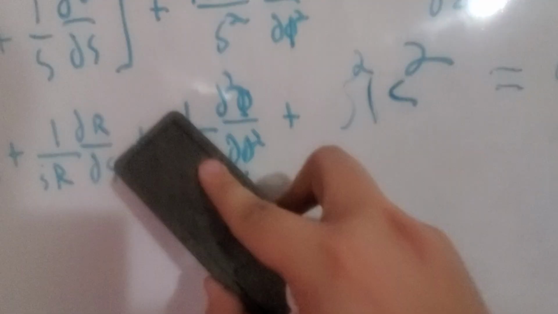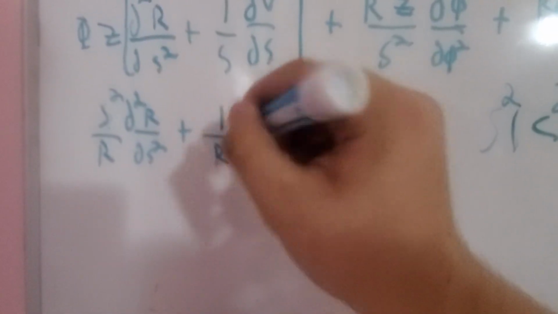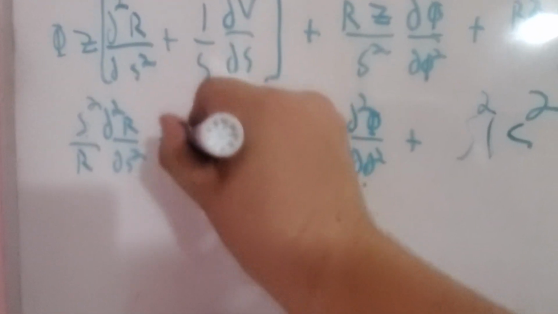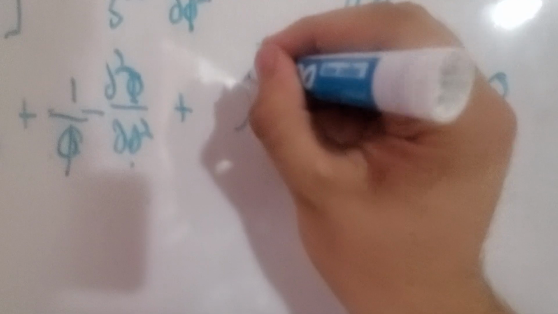S squared over here. We'll get rid of u. And s squared goes there. And we'll have an s right there. Let's go ahead and reinforce that. There we go. And make u better. There we go.